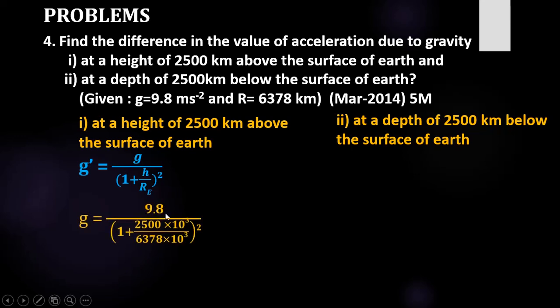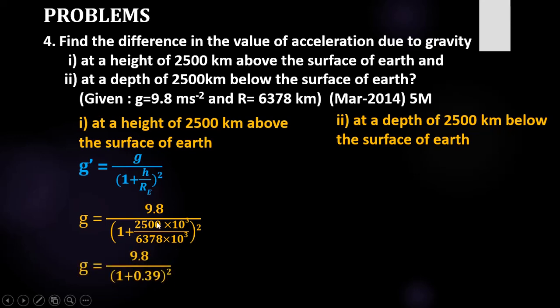Just put the values: 9.8 divided by 1 plus, in place of h you have to write 2500. Since it is in kilometer, you have to write into 10 to the power 3, and the value of radius of Earth is 6378. It is also in kilometers, so into 10 to the power of 3 you have to write, and whole square.